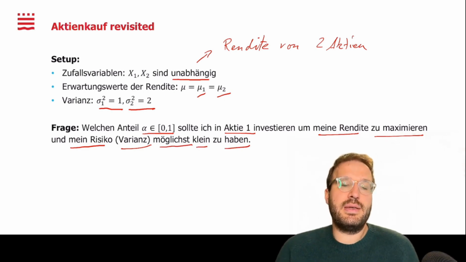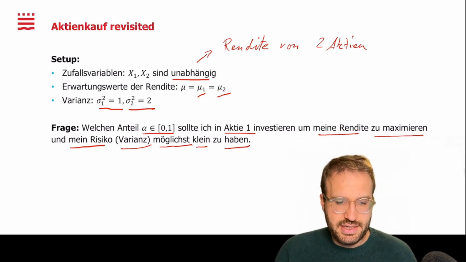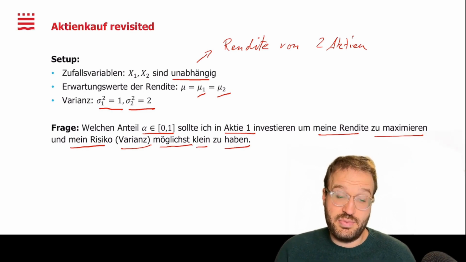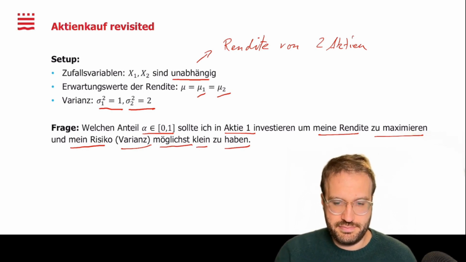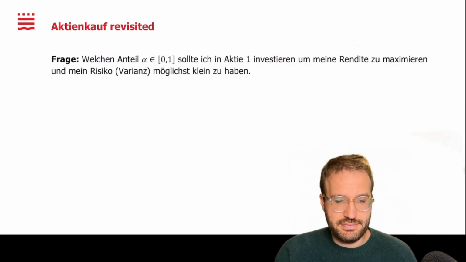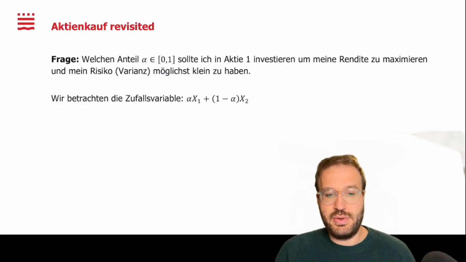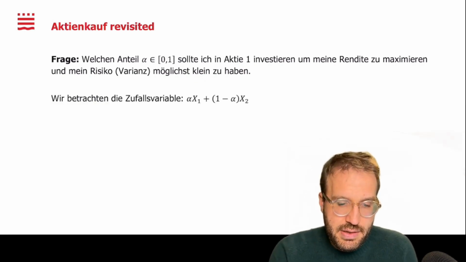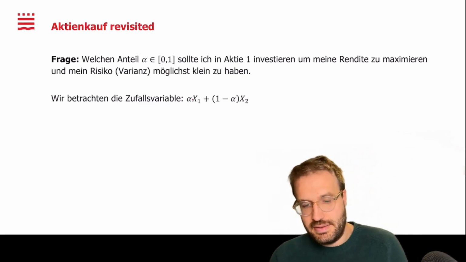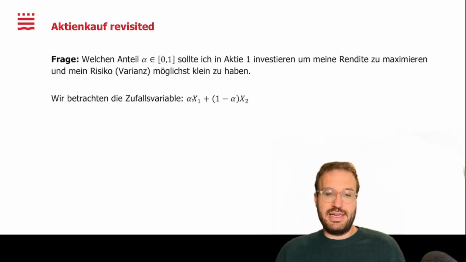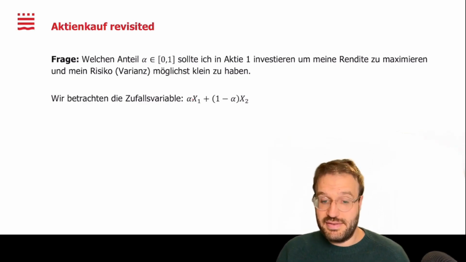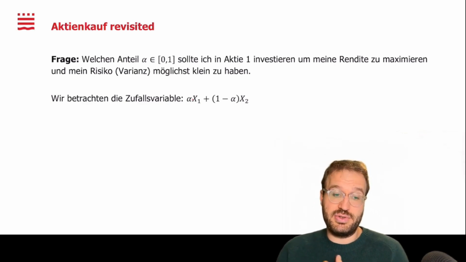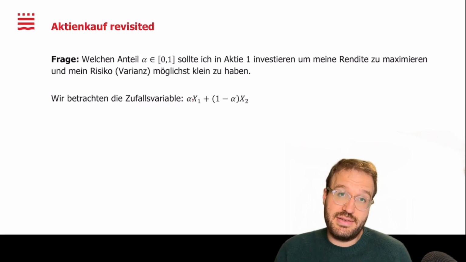Okay? And that's exactly what we want to calculate now, and for that, we need everything we have learned so far. We ask the question again, and what we will do first is to consider the following composite random variable, which is alpha times X1, that is the return of stock 1 when I invest alpha, plus 1 minus alpha times X2, which is the return I get when I invest 1 minus alpha in stock 2.